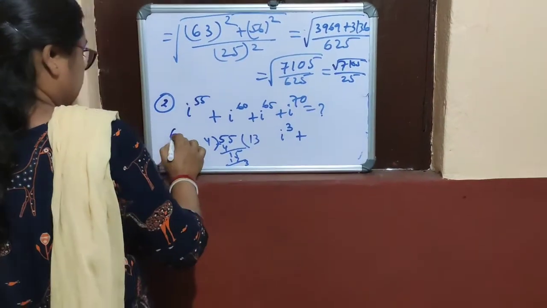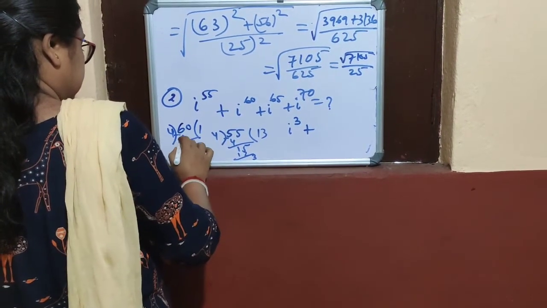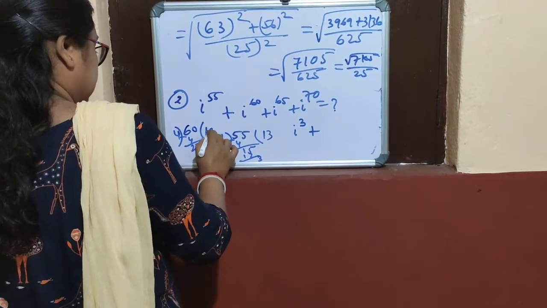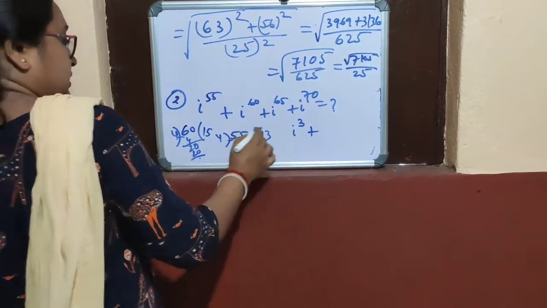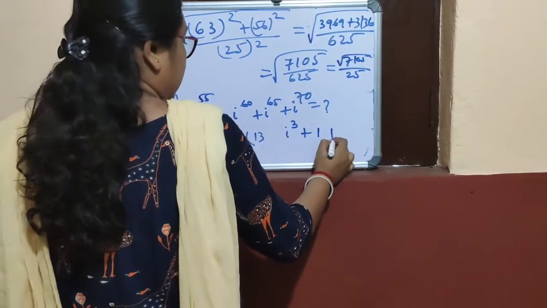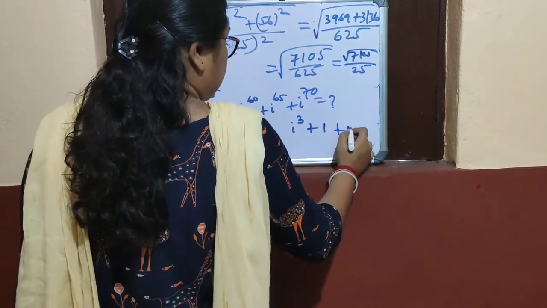Divide 60 by 4. This is only 1, because i to the power 4 is 1. And 65 is 64 and 1, which means only i.